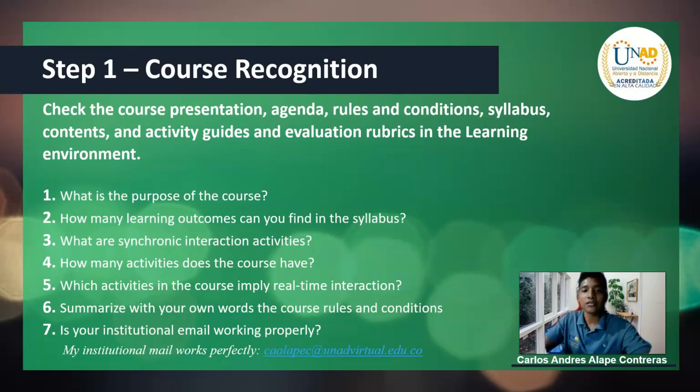These synchronous interaction activities help our process within this course to listen and express ourselves with the tutor and the other classmates to solve doubts and concerns about the content and activities of the course. In addition, the director dynamically explains the synchronous activities that exist in the course in order to provide better interaction.